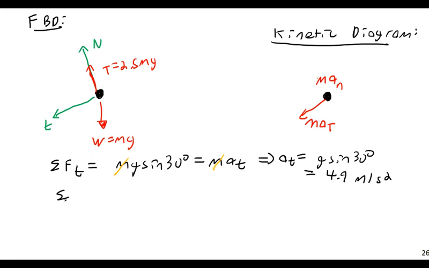The summation of forces in the normal direction is going to be equal to m a_n. The summation in the normal direction is 2.5 mg, that's this force here, minus mg cosine theta, and this equals m a_n.